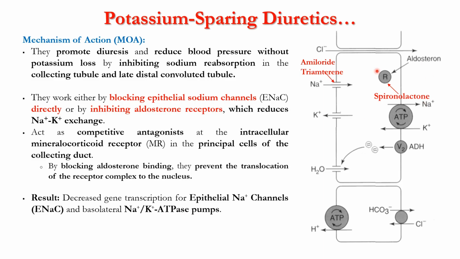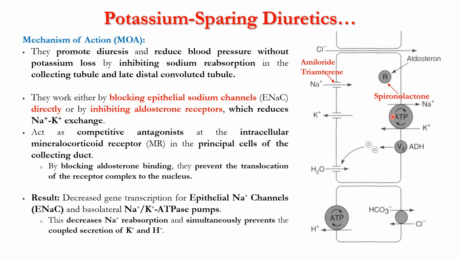This is the sodium potassium ATPase pump, so that they can decrease the sodium reabsorption, specifically in the case of the epithelial sodium channel blocking conditions, and also they can simultaneously prevent the coupled secretion of potassium and hydrogen ions. So that is the important role of the potassium-sparing diuretics.